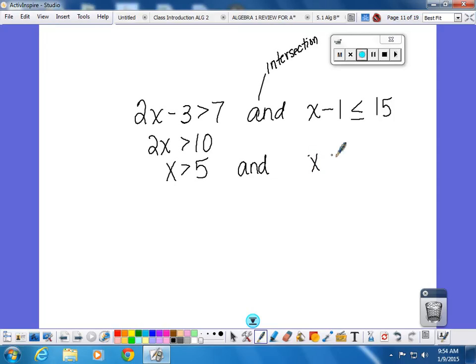Over here, if I add 1, I'm looking for a number that is greater than 5 and at the same time less than or equal to 16. Better make my number line big.